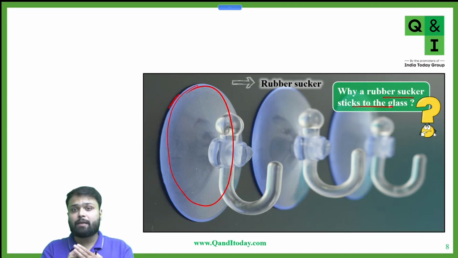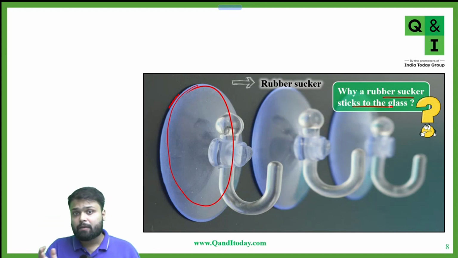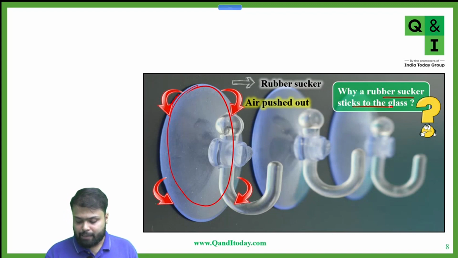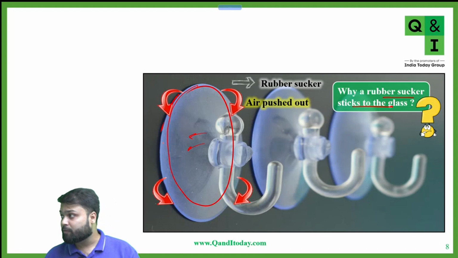The pressure between the wall and the sucker becomes less than the atmospheric pressure, but outside the rubber sucker the pressure is atmospheric, which is greater than the pressure between the wall and the rubber sucker. As you push the rubber sucker towards the wall, air is pushed out, and the pressure between the wall and the rubber sucker becomes less than the atmospheric pressure.